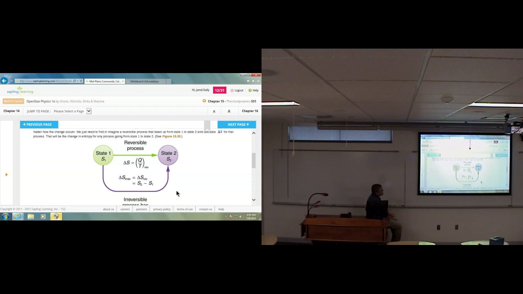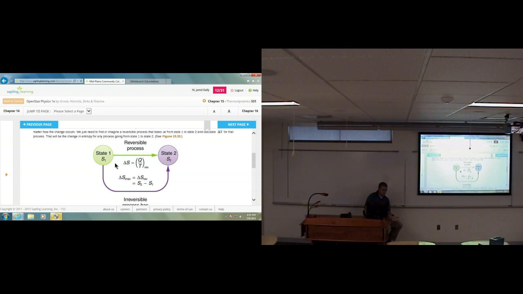So entropy is not exactly energy. It's not exactly anything, really, because temperature is not exactly energy. That's really the bottom line here. If you take into account everything that happens, this thing always changes.